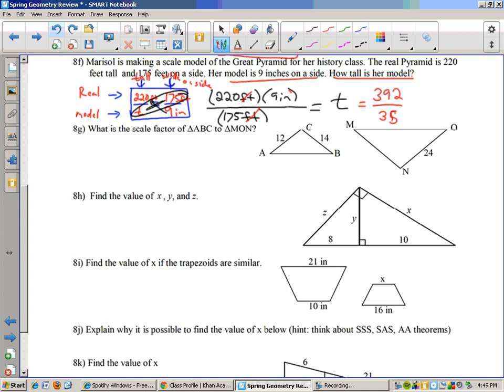And the only unit that's left is inches. So it's 392 over 35 inches.